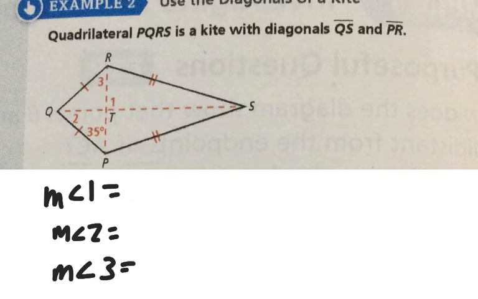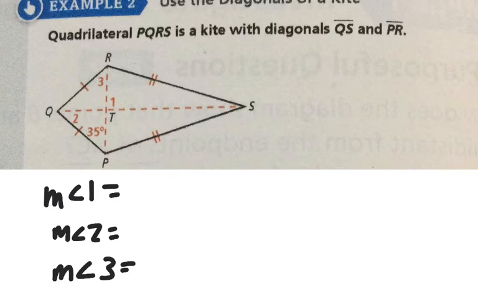So the 35-degree angle is talking about angle QPT. Right? This angle here is 35 degrees. I'm looking for angle QPT. I'm sorry, angle PQT. Right? That's angle 2. I'm looking for angle RTS, which is angle 1. And I'm looking for angle QRT, which is what they're calling angle 3.